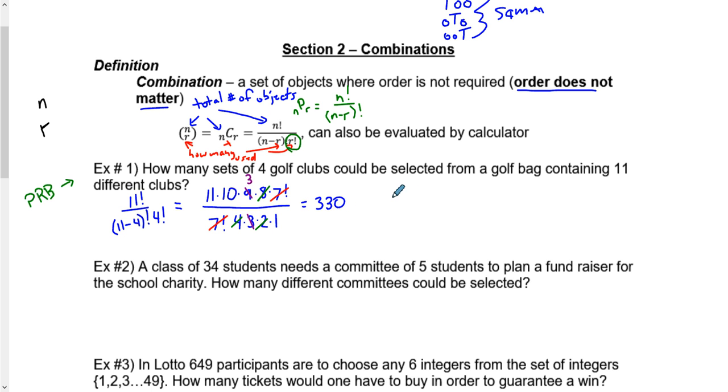When I use my calculator, which is absolutely going to be your preferred method, I'm going to type in 11 and use my C with my calculator.